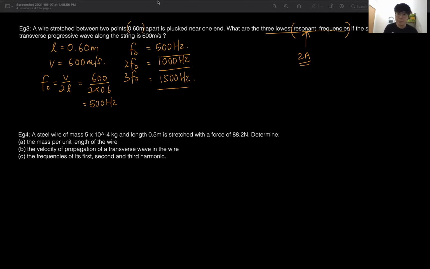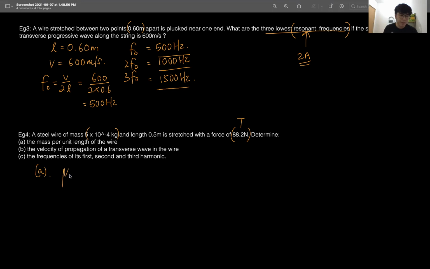Example 4, which is the last one. A steel wire of mass 5 times 10 to the power of -4 kg and length 0.5 meter is stretched with a force of 88.2. So that's the tension. Determine the mass per unit length of the wire.